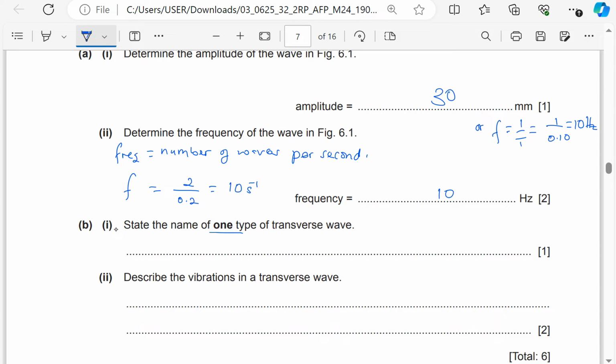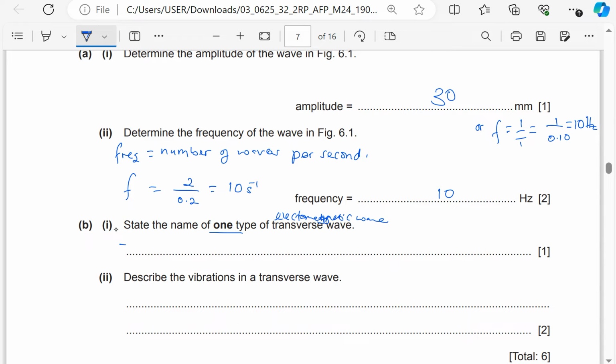Now, there are so many types of transverse waves, but I can mention electromagnetic. You can mention any electromagnetic wave. For example, you can mention radio waves, microwaves, infrared, X-rays, gamma rays. Those are electromagnetic waves.